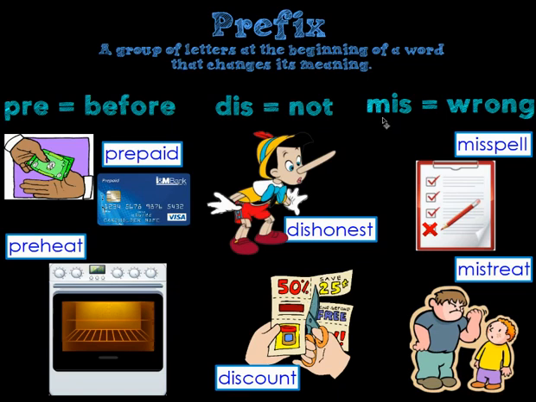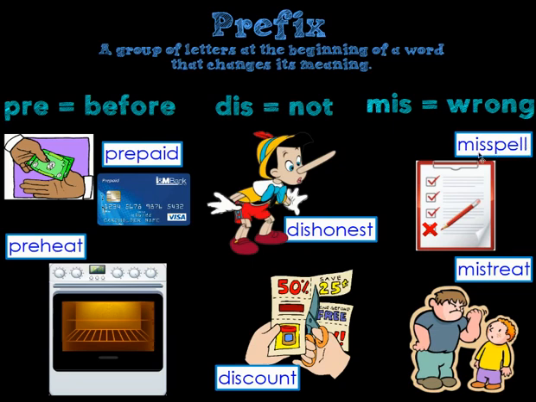Our third prefix is mis. Mis means wrong. Let's take a look at this example. We have the word misspell. We have the prefix mis and the base word spell.